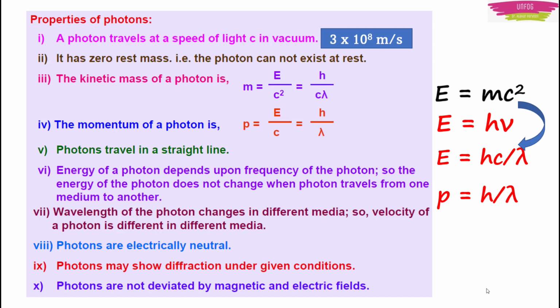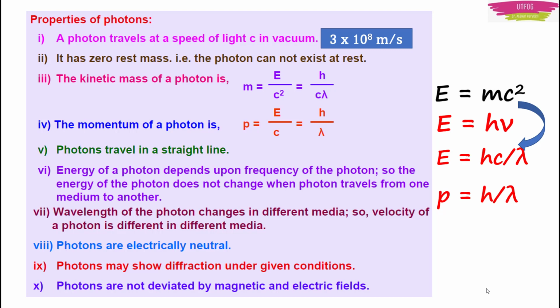Energy will be same. The next point is that the wavelength of the photon changes in different media. So the velocity of a photon is different in different media. We know it, right? Frequency is inversely proportional to wavelength. And this wavelength is related to the speed of the photon also. V is equal to f lambda, right?